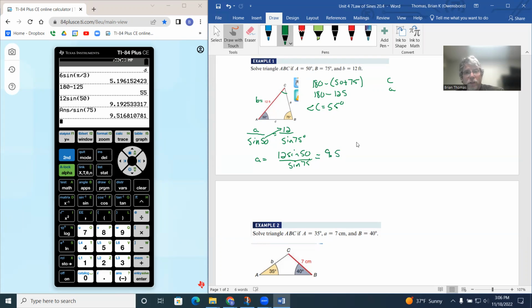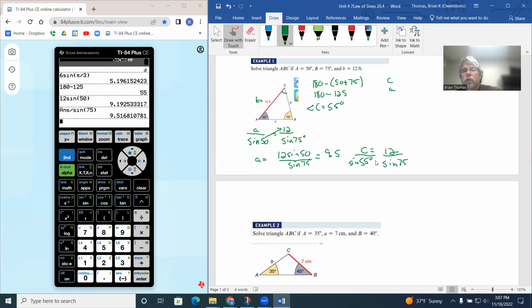So to find C, it's best to keep using the B relationship because it wasn't rounded. A was rounded. So to find C, we're going to have C over the sine of 55 degrees, the angle, and we want to keep that B relationship going, so 12 over the sine of 75 degrees.